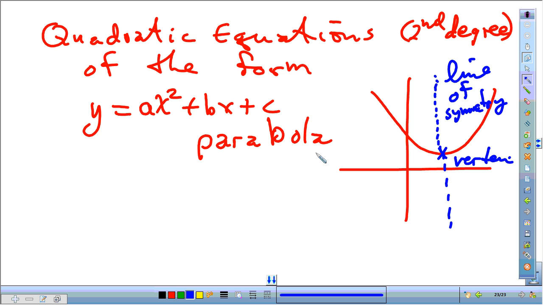So a vertex, in this picture, the lowest point, and it could open downward instead of upward and have a highest point, but it has this vertex where one side is a reflection of the other across the line through the vertex.